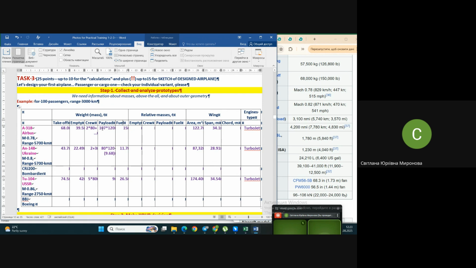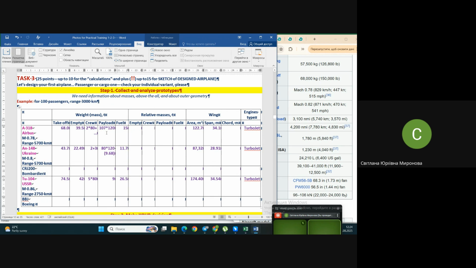Of course, some passengers may take more luggage. In this case, you know that they need to pay more and so on. Those little gaps in terms of weight, of course, exist in real life. But in our first approximation, we will consider that one passenger is 80 plus 40, 120 kilograms.